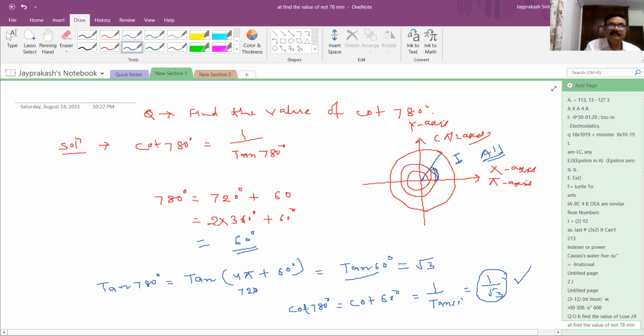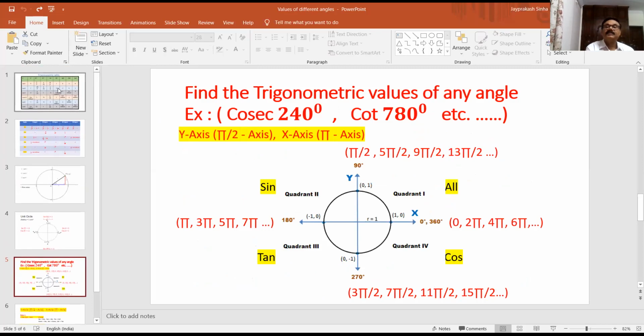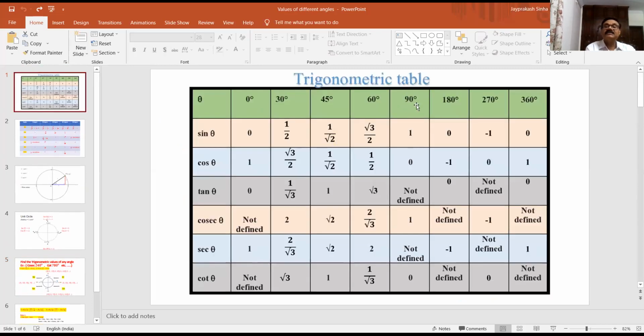So this trigonometric table is for 0 degree, 30 degree, 45 degree, 60 degree, 90 degree, 180 degree, 270 degree, and 360 degree.